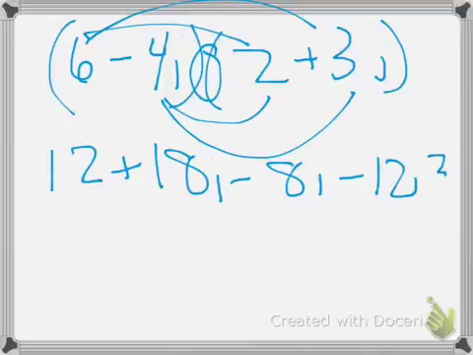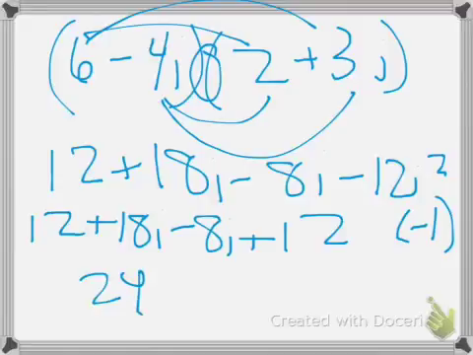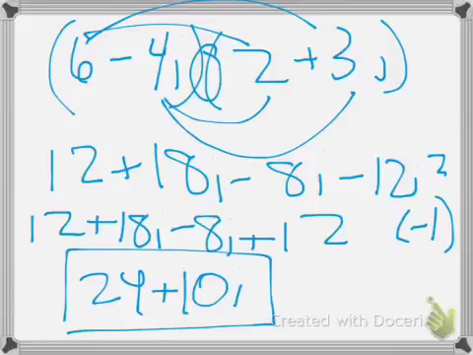Then we plug in the -1, and we get 12 plus 18i minus 8i plus 12, because it was multiplied by -1. So then we get 24 plus 10i as our answer, because we combine like terms.